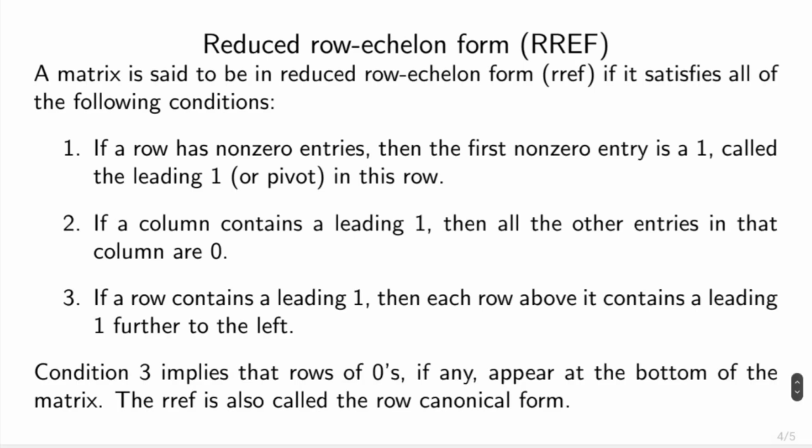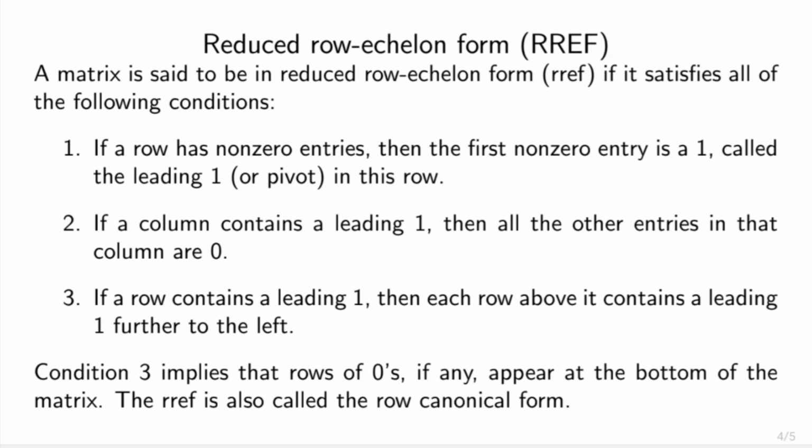Reduced row echelon form is an additional requirement on top of row echelon form. So every matrix that is in reduced row echelon form is in row echelon form, but it satisfies some extra conditions. Now we have here that a matrix is said to be in reduced row echelon form, or RREF, if it satisfies all of the following conditions.